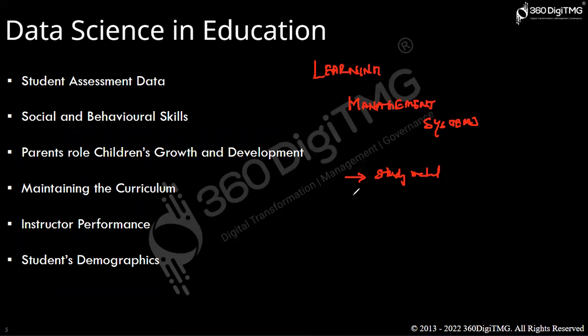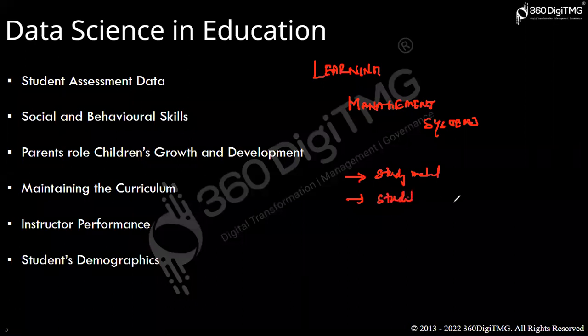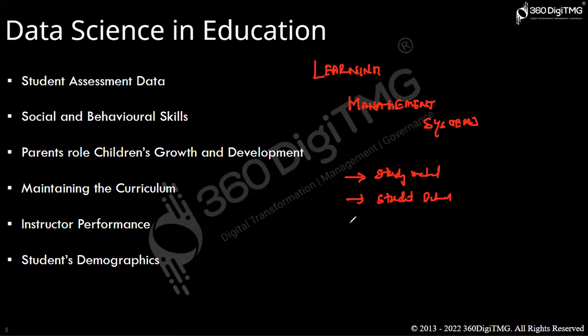We can track a student's behavior, how he is reacting to the classes, and we can track attendance, right? We can create an artificial model such as an AI tutor, which is being created by 360DigiTMG.